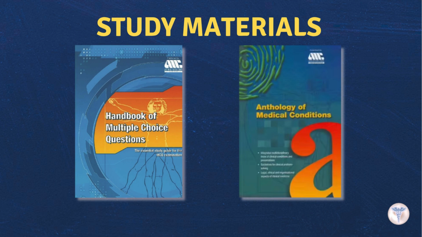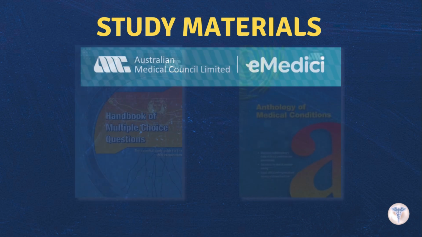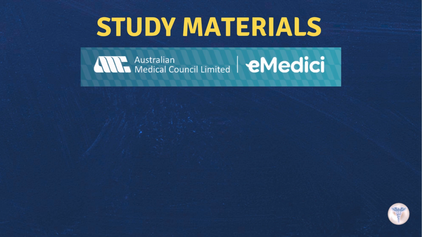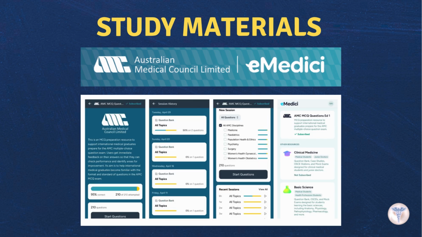The AMC has partnered with eMedicine to produce a free online resource to support IMGs to prepare for the AMC exam. It gives you access to 210 high-quality multiple-choice questions written by AMC contributors. It also gives immediate feedback on all answers.